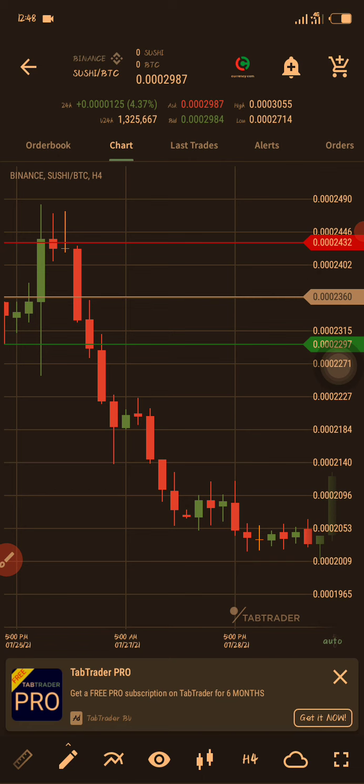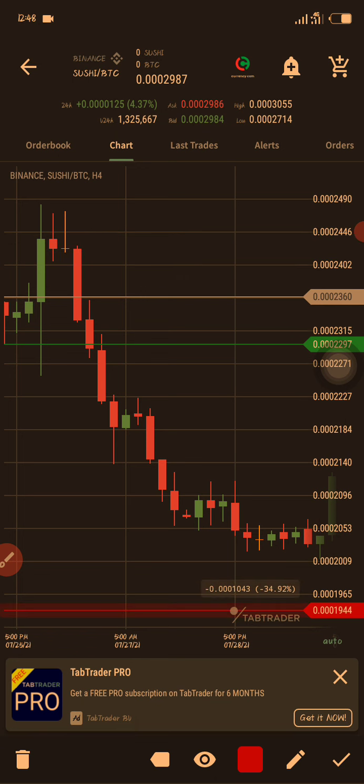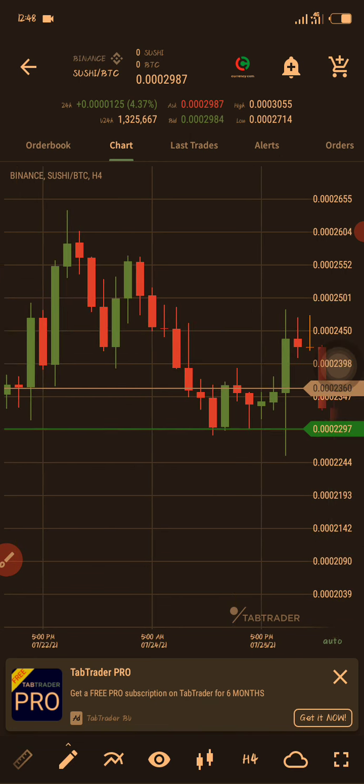Sell and wait for it to drop. Wait for it to drop to this price level, and then buy. So that's what it actually suggests.